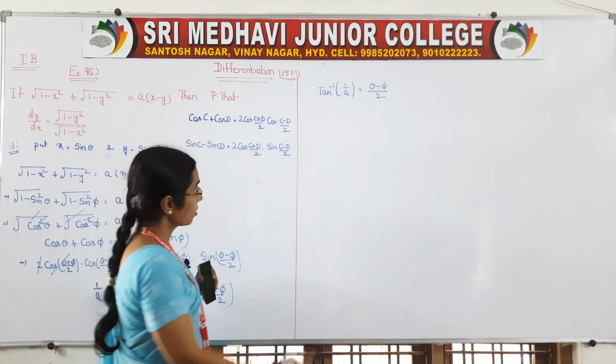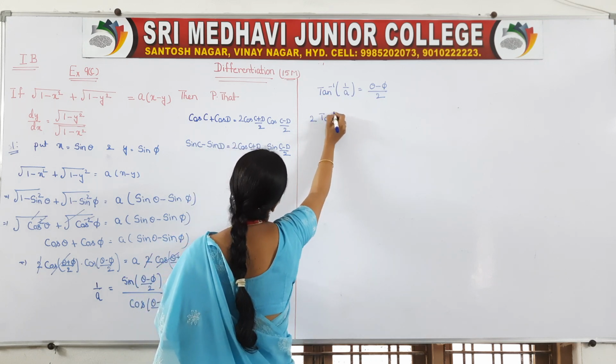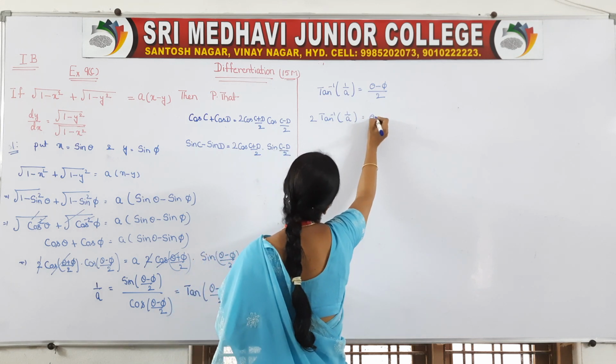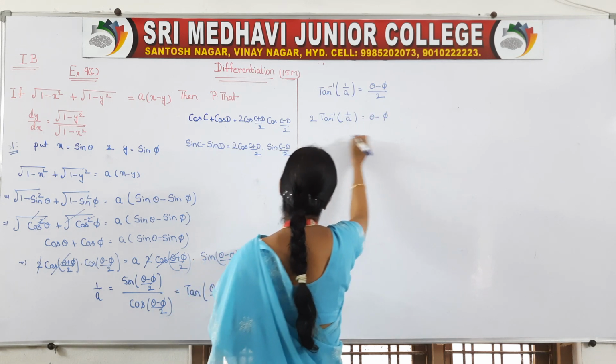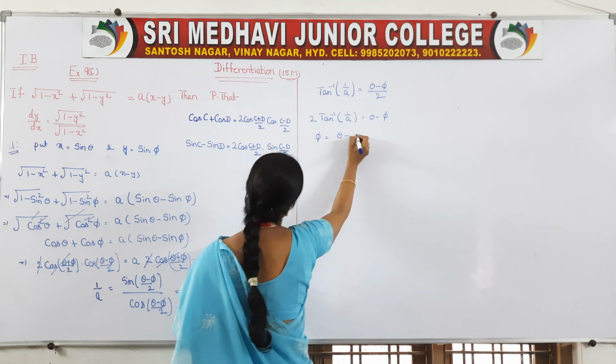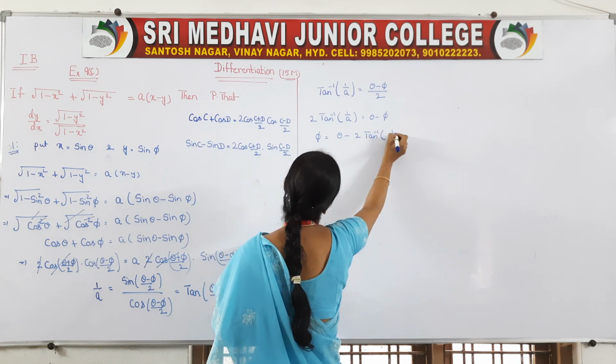Take the 2 also to this side. What happens? 2 into tan inverse of 1 by A is equal to theta minus pi. You bring this pi to this side, then it will be theta minus 2 tan inverse 1 by A.